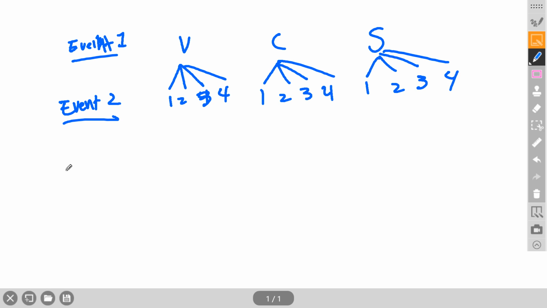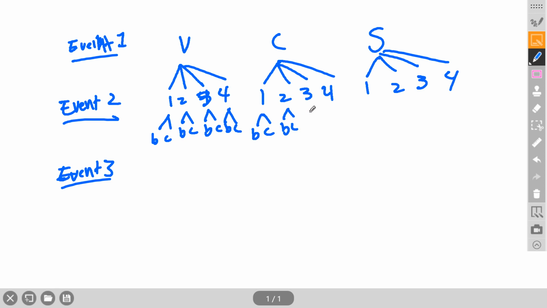And event 3, which is the delivery method: for each one of those flavors, with each one of those toppings, you now have the choice of bowl or cone. Bowl or cone, bowl or cone, bowl or cone. Same for these ones, bowl or cone, bowl or cone.